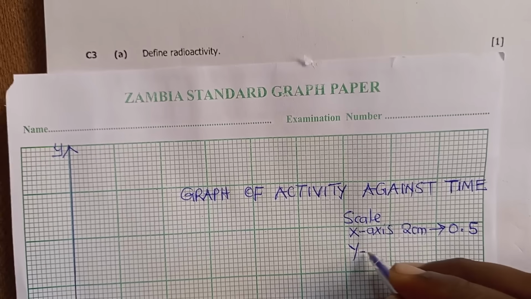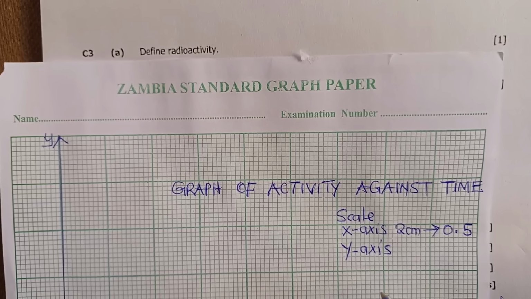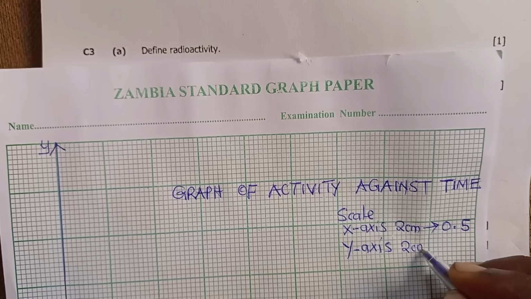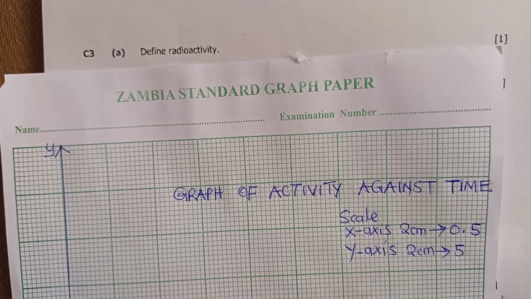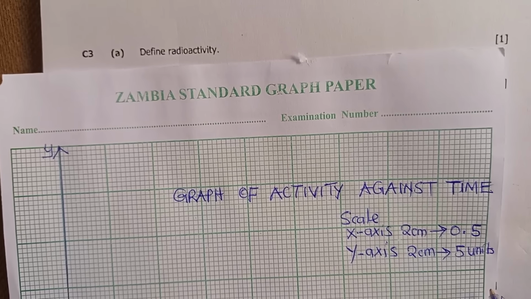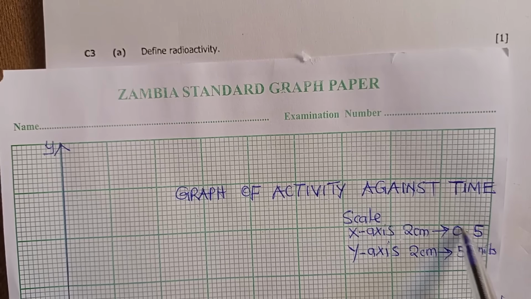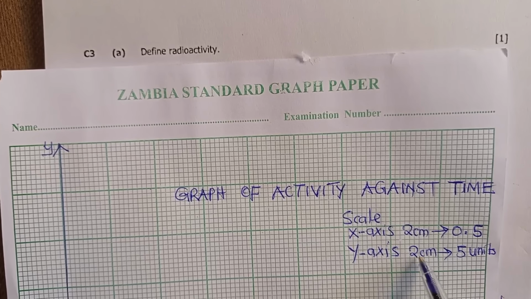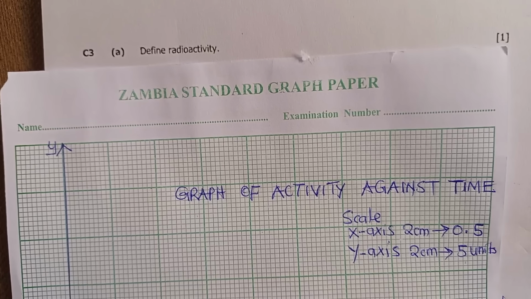So on the y-axis, I'm going to say 2 centimeters is going to represent 5 units. So on the x-axis you'll be moving by 0.5, 1, 1.5, 2, 2.5, like that. On the y-axis, you'll be moving in 5s: 5, 10, 15, 20, just like that.